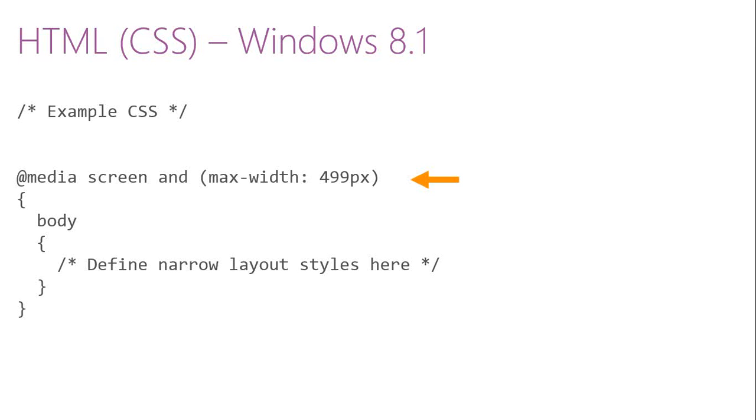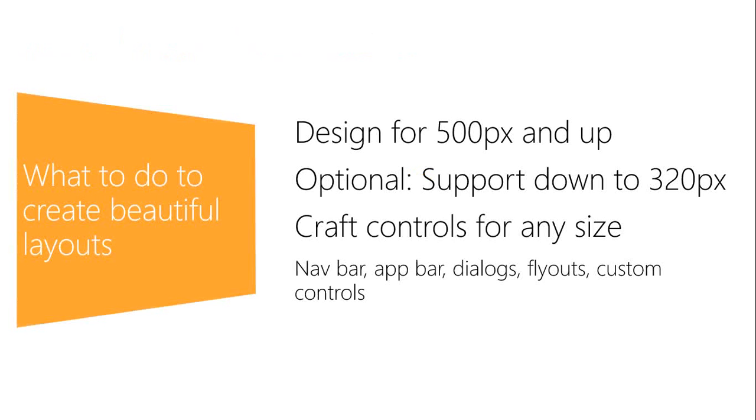In Windows 8, what you used was a view state, whether it was snapped or fill or what. And in Windows 8.1, what you use is the width, 499 pixels above or 499 pixels below. So this is what I meant.